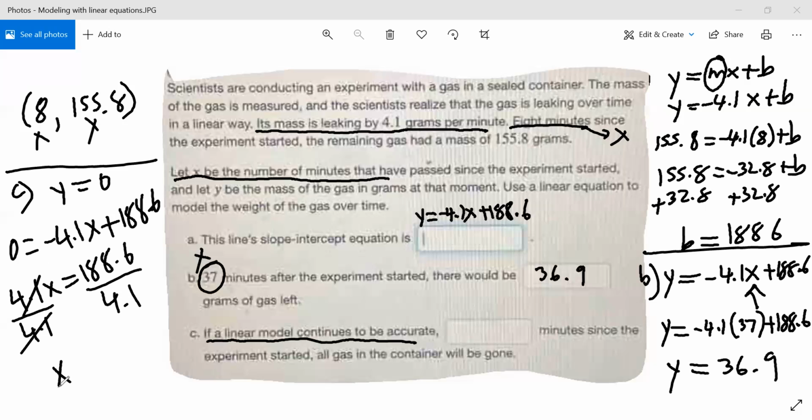Cancels out. So x equals 188.6 divided by 4.1, and that equals 46. So 46 minutes. After 46 minutes, all gas will be gone.